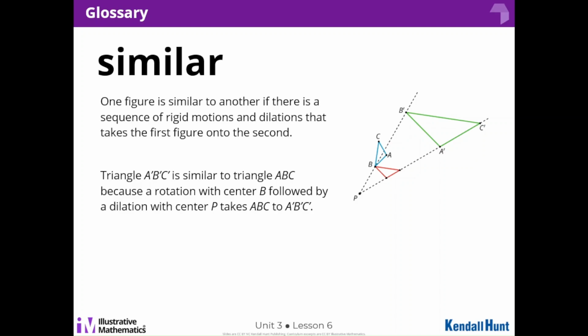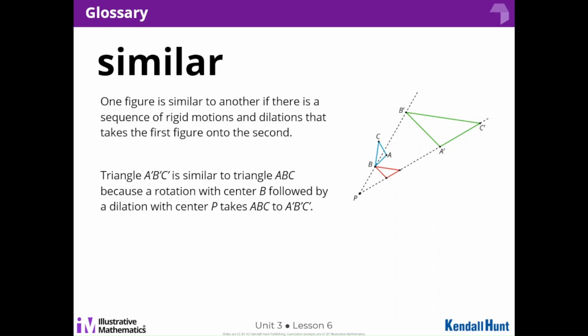I want to stress the difference between what we're talking about now, which is similar, versus what we talked about before, which was congruence. Remember, we said that two shapes were congruent if you could take the first one to the second one by using rigid transformations.